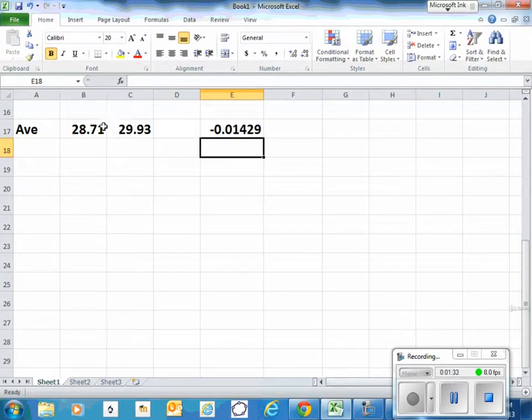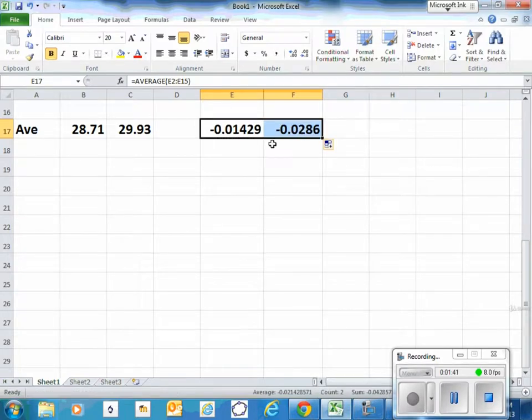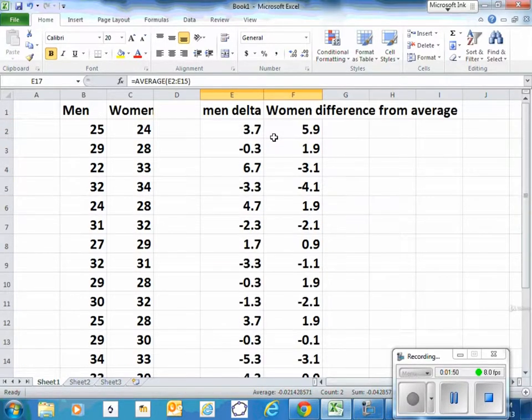Since I rounded this 28.71 to 28.7, but we knew that the average difference from the average would be pretty close to 0, so that number isn't really helpful to us. So if we want to find out how spread out this data is, let's square those numbers.